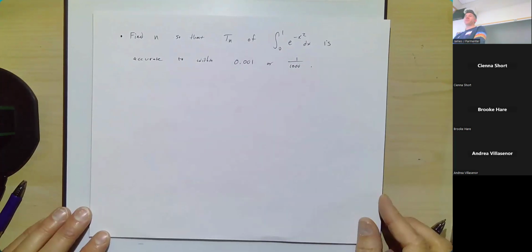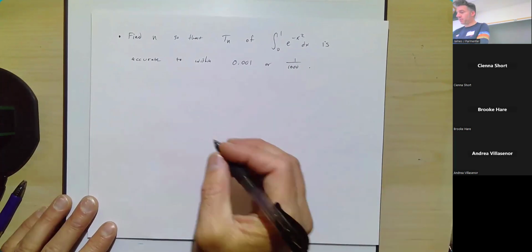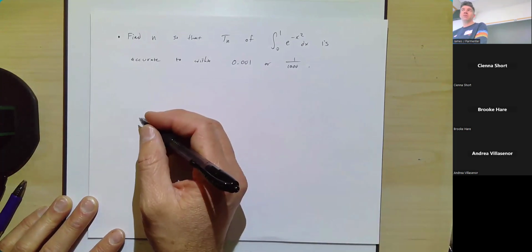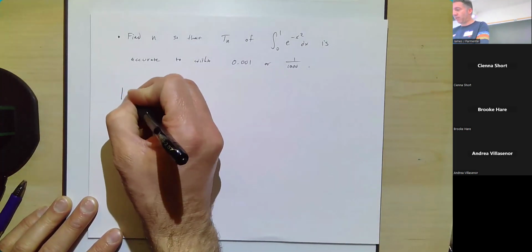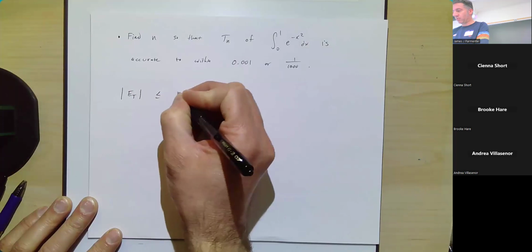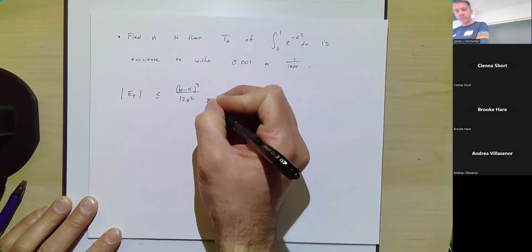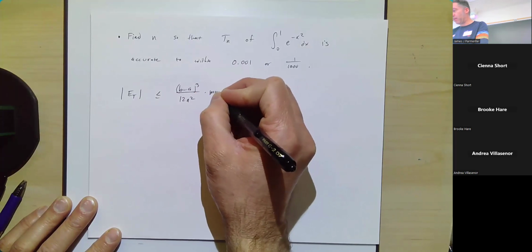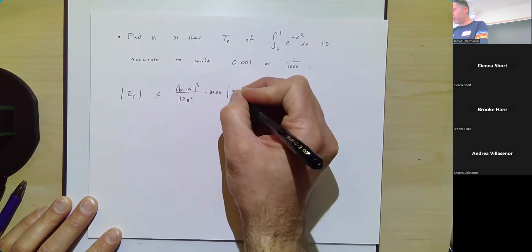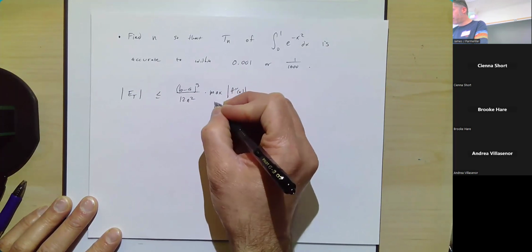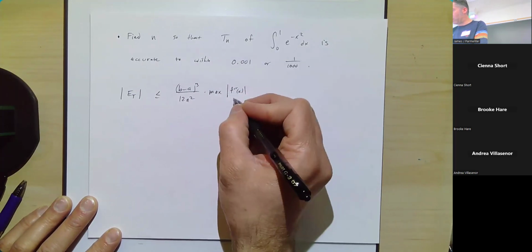Great. Let's write out the error formula again. Are you going to be given the error formula? Okay. The absolute value of the error for the trapezoid method is less than or equal to (b minus a) cubed over 12n squared times the maximum of the absolute value of the second derivative over the interval, where x is between 0 and 1.